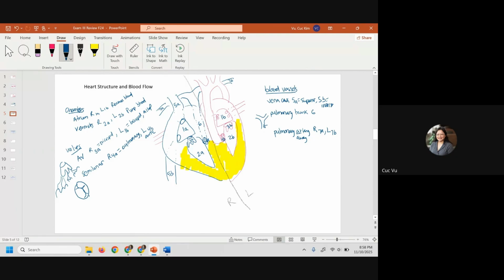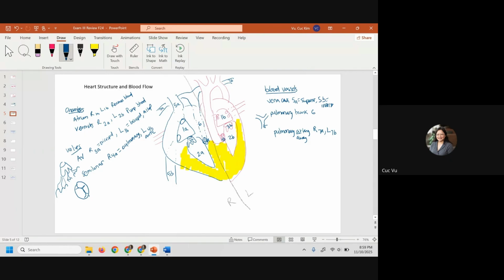Okay. Now, this is why, true or false, arteries carry oxygenated blood. True or false? False, but usually true. Yes. Out of the 100% in your body, 99.9% of your arteries are oxygenated, except for this one.